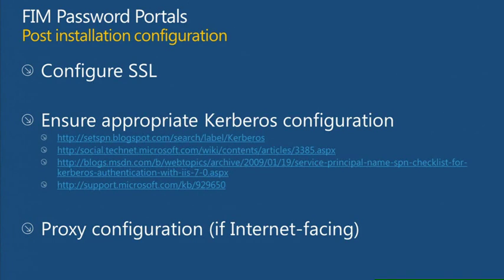If you set up the FIM portal before, especially on a scaled-out environment where I have multiple FIM services and multiple FIM portals, you probably already encountered this. If you're going to be setting up the password reset or registration portals where you have specific CNAMEs for the sites themselves, like rather than calling the site just the name of the box, you call it something like passwordreset.contoso.com, you might need to use setSPN. So definitely read the articles here.